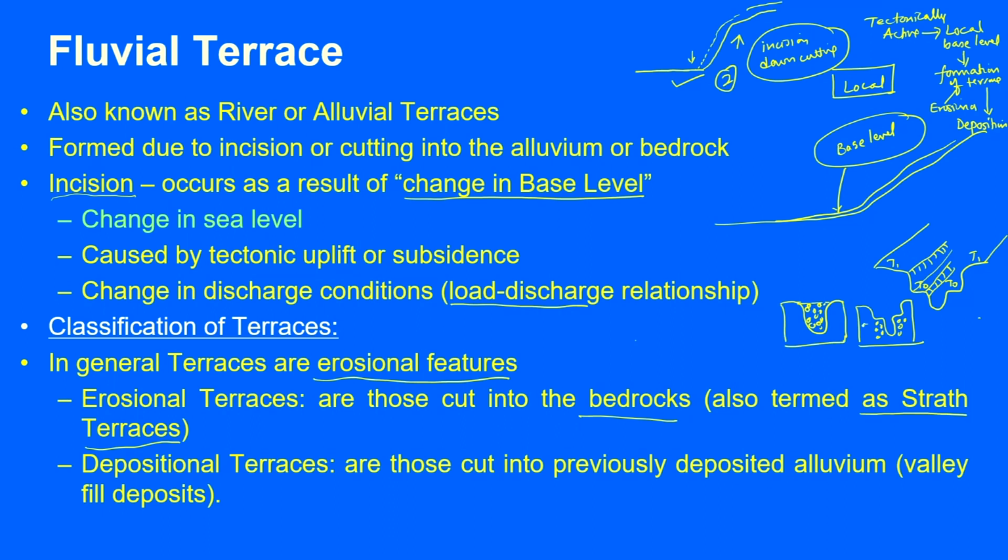So these deposits are incised and you see the formation of a terrace here. This type of terrace is termed a depositional terrace. I am just putting dt, but if it is incising, suppose here you have the bedrock, and it is incising the bedrock further down, then that will become your erosional terrace.